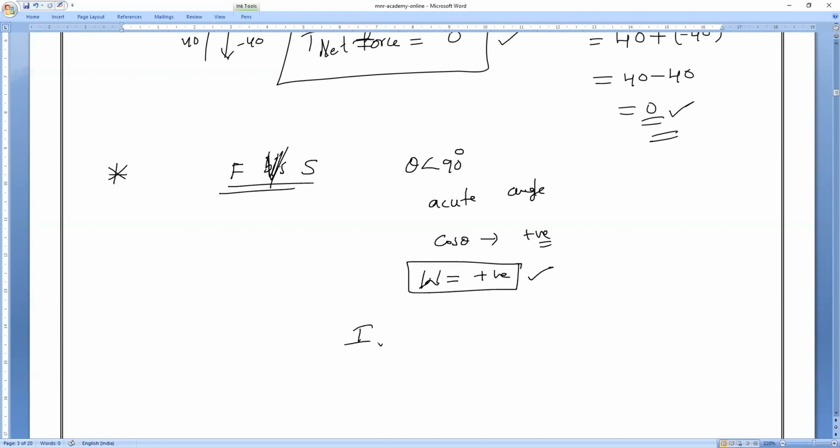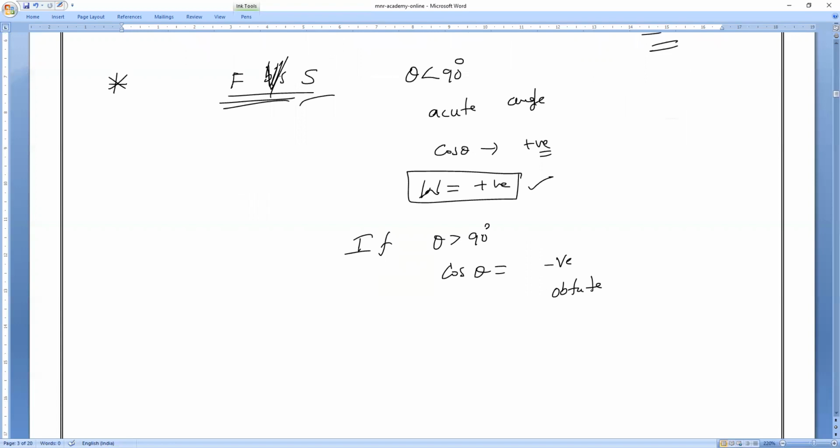If the angle between the force and displacement is greater than 90, clear, everybody? Then cos theta is negative, because it is an obtuse angle. So if it is an obtuse angle, work done is negative.